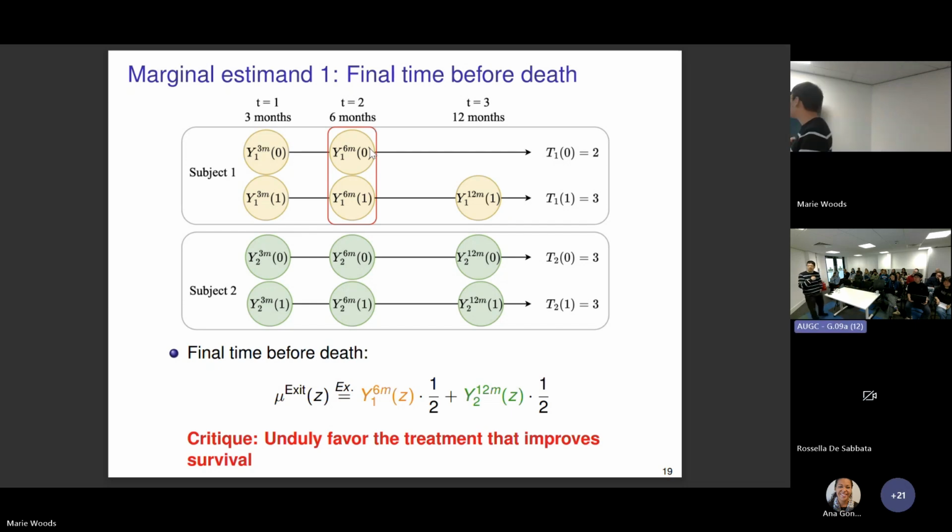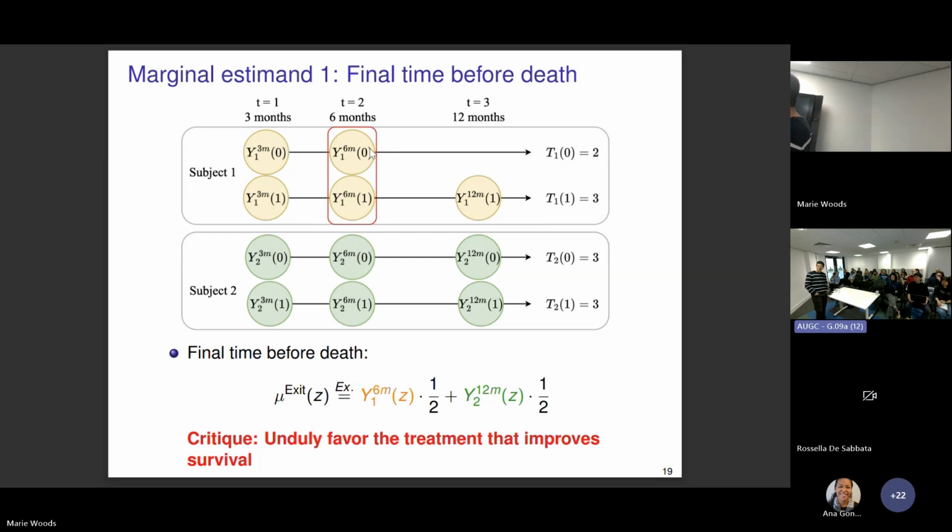What I mean by that is, if you look at the first subject, here we look at the comparison at 6 months. We know that if they were given control, they would die shortly after 6 months, because this is the oracle data. We know that the subject will not be able to survive to 12 months.